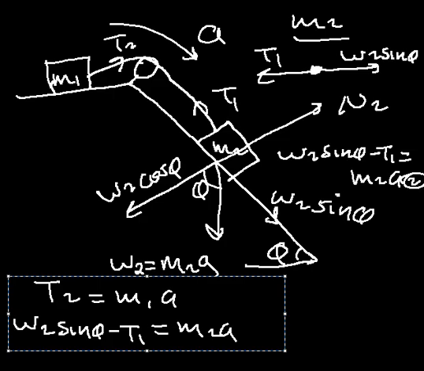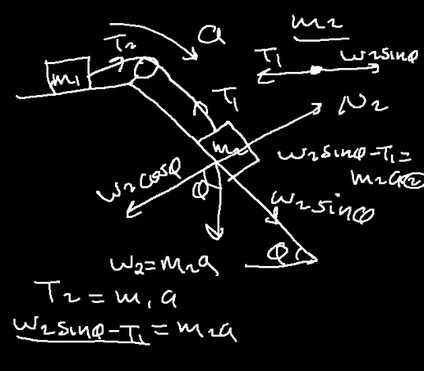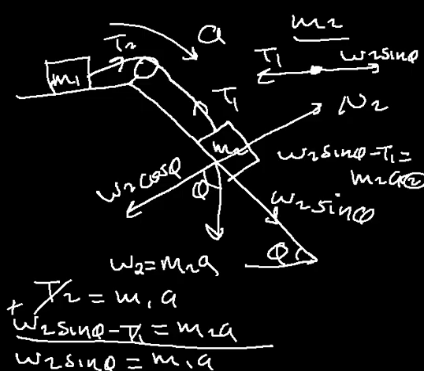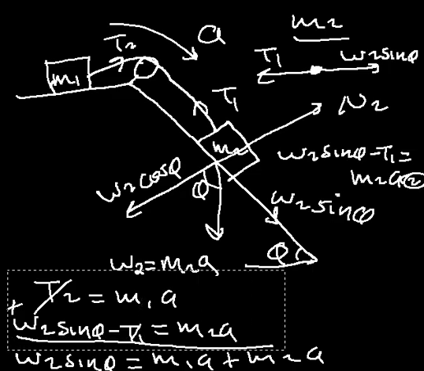Since T1 and T2 are the same in magnitude, just in different directions, upon adding them they cancel. We'll only have W2 sin theta equal to mass 1 times acceleration plus mass 2 times acceleration. And from there we can get the expression for the acceleration.